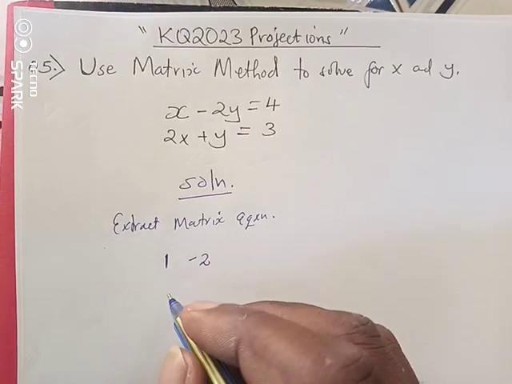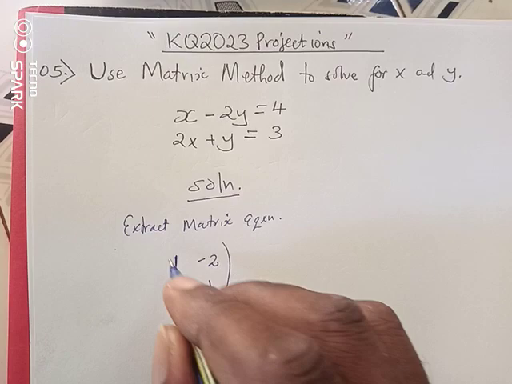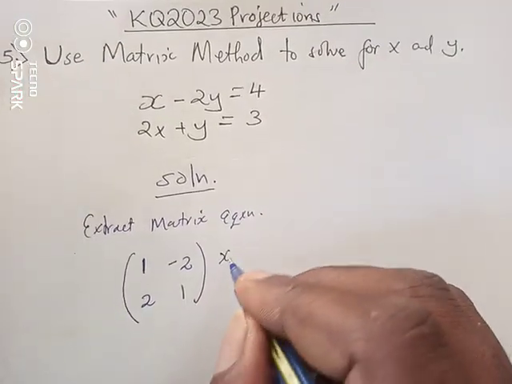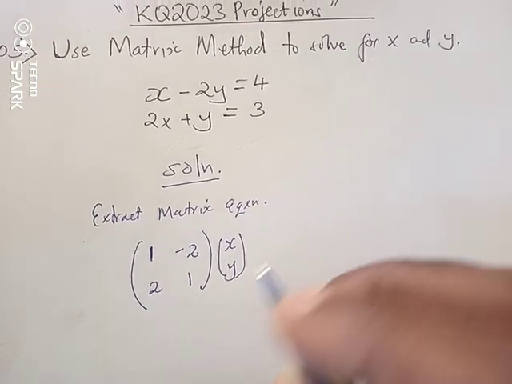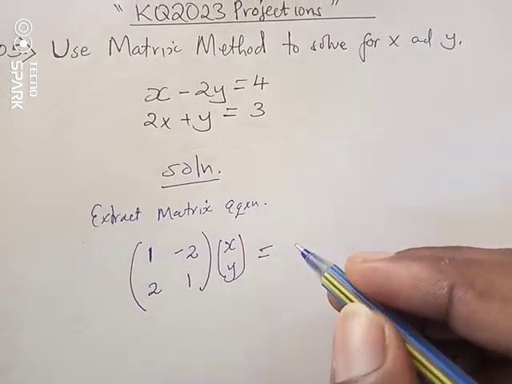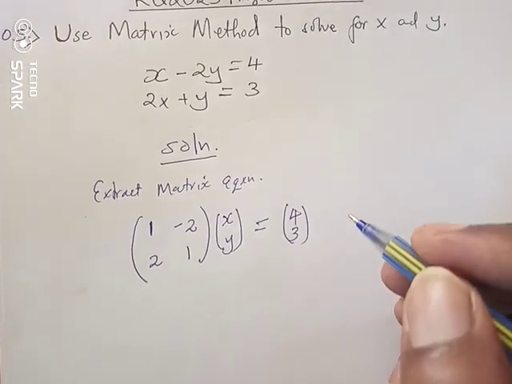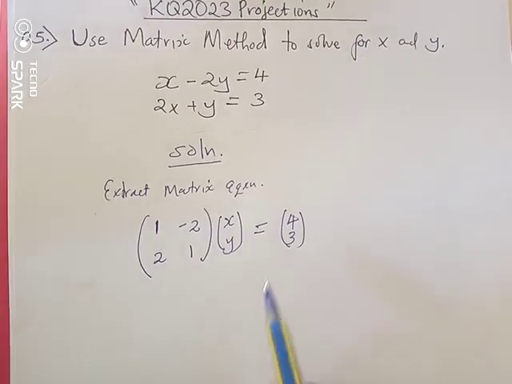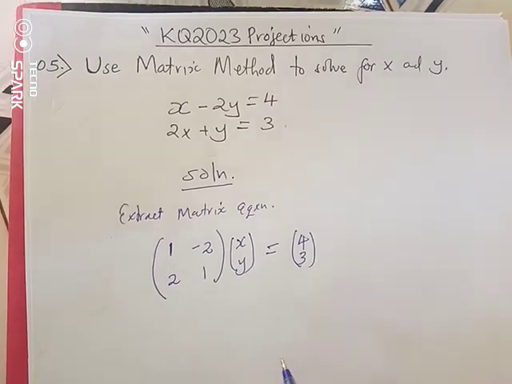The same for the lower equation, 2 and 1. So we are forming the matrix equation. Then our variables here are x and y, which is equal to 4, 3. We are forming them in column form. So that is our matrix equation extracted from the linear equations.